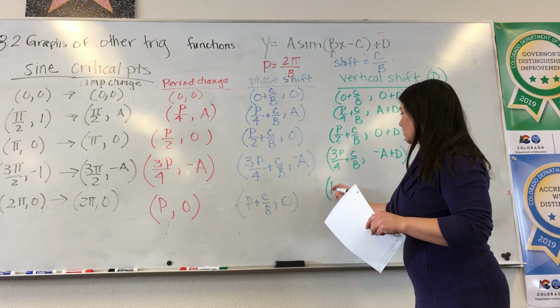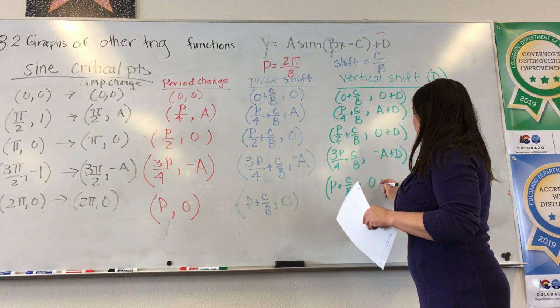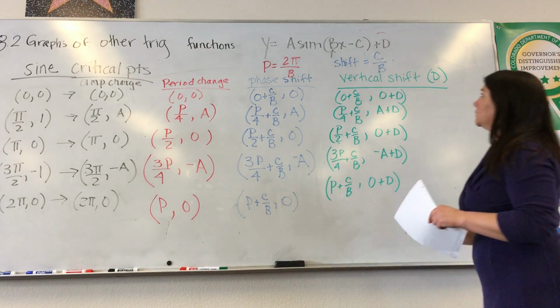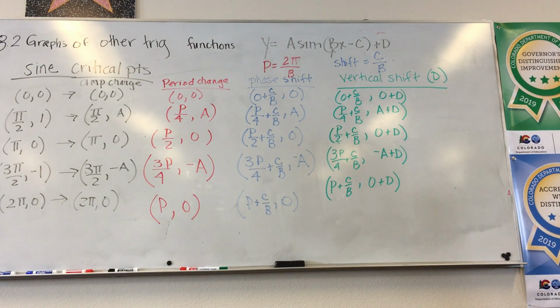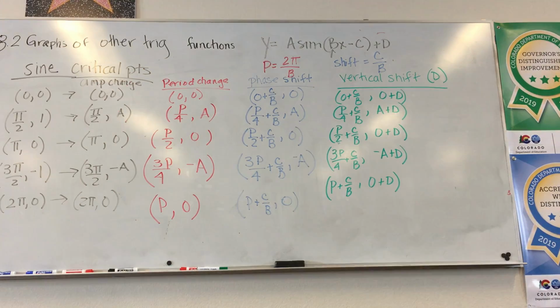And this is going to be your period plus your phase shift and 0 plus your D value. So that will graph all of your translations of the sine function.